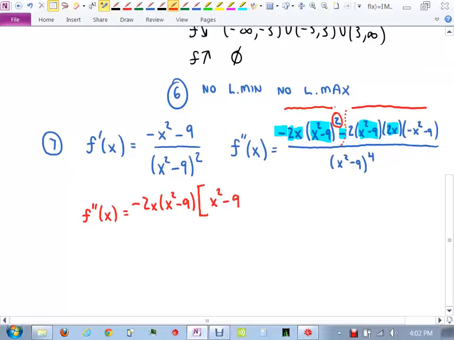What's left if I pull a negative 2x times x squared minus 9 out of the second one? 2. I'm pulling a negative, right? So plus 2 is still there, and then what else is still there? The negative x squared minus 9. Remember that 2x came out. It was common in both, right?